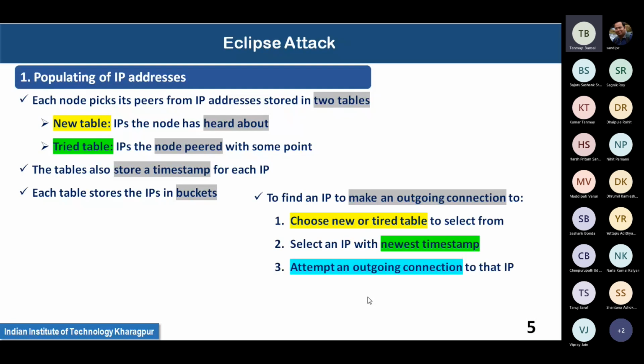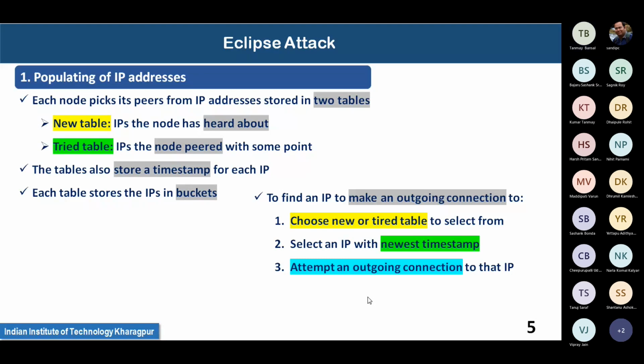What is done is to choose either the new or the tried table, and then an IP address with the newest timestamp, and attempt an outgoing connection to that IP. If everything was working normally, it would always be with the same connections, and it would not know about the rest of the network.